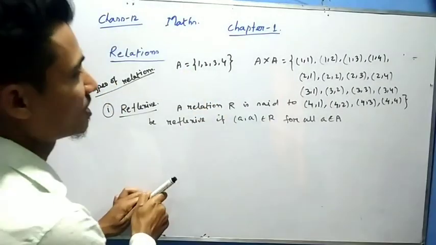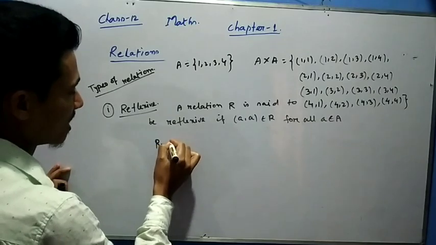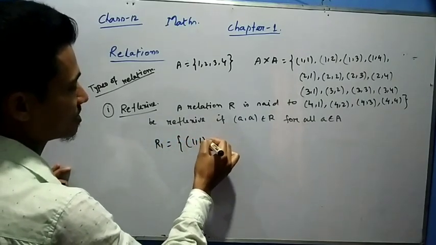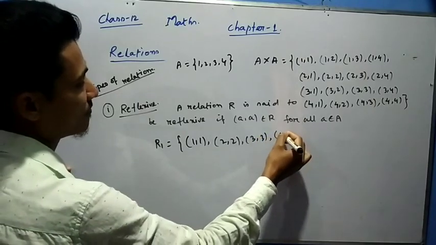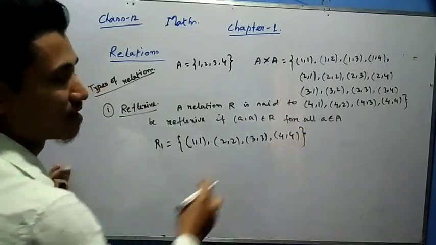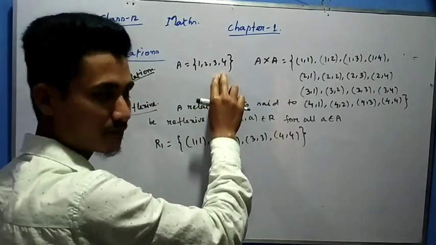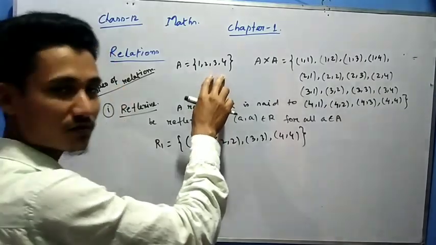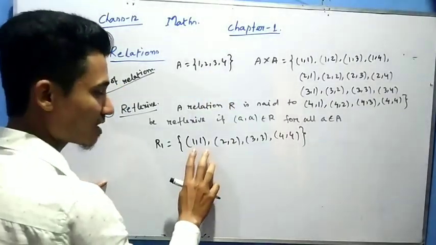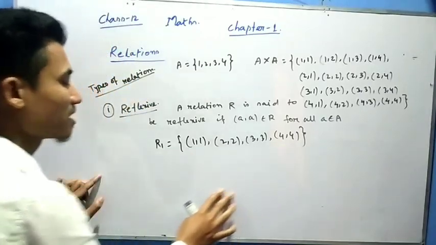For example, if we are considering the set A, then R1 equal to {(1,1), (2,2), (3,3), (4,4)} is a reflexive relation. For every a belongs to A, মানে এ সেটের মধ্যে যে এলিমেন্টগুলো থাকবে তার প্রত্যেকটির সঙ্গে কি আসতে লাগবে? ডাবলেট আসতে লাগবে. Okay, so this type of relation is called your reflexive relation.